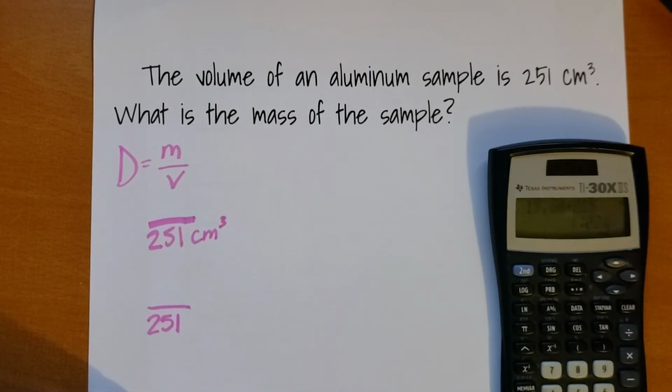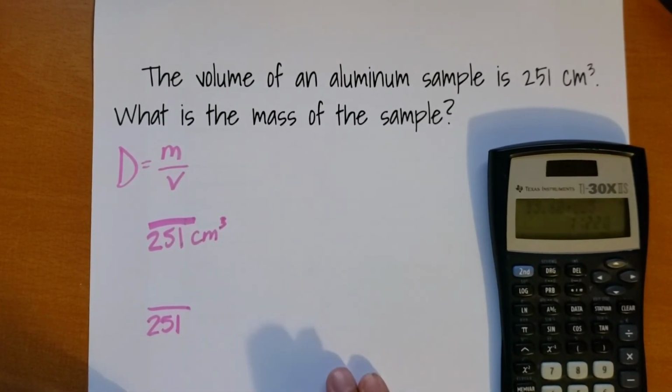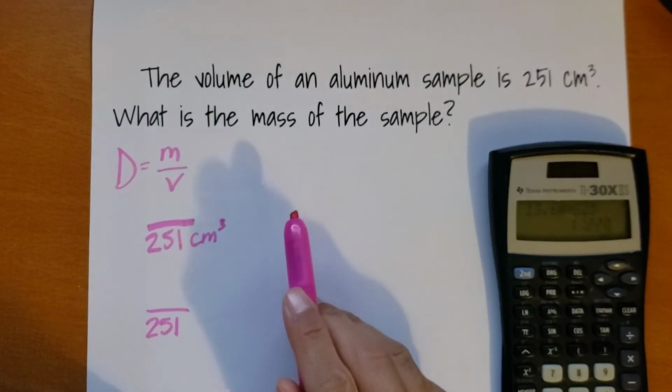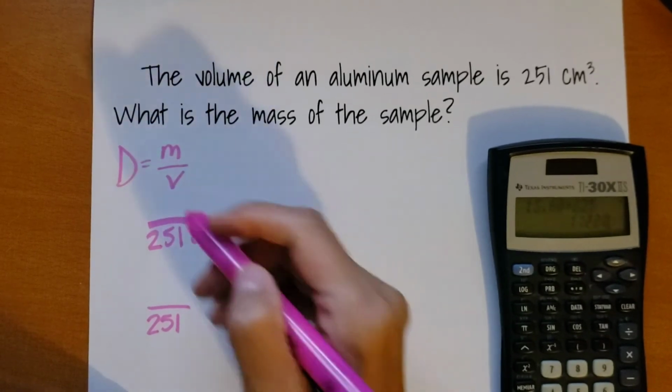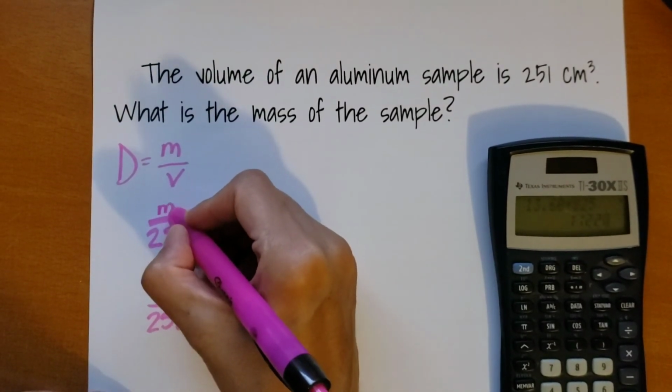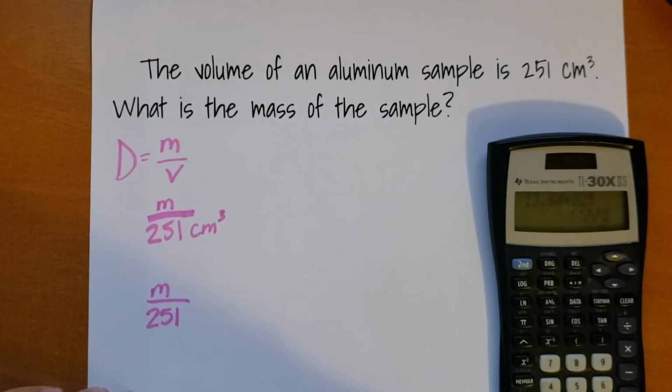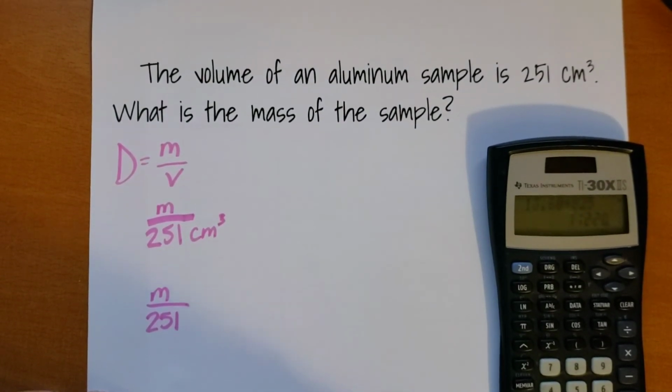But we have a problem. Here, we know that we're looking for the mass of the sample, but we're not given density. This is where a reference table comes into play. Let me show you.